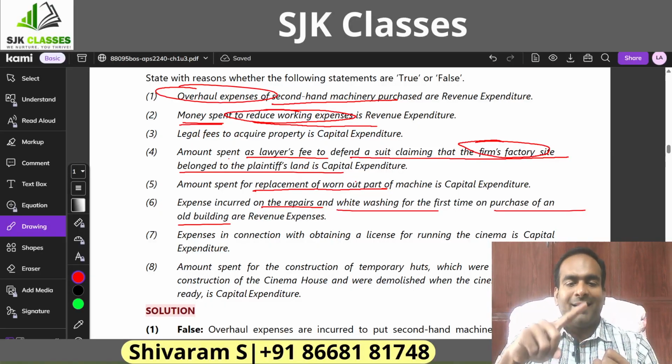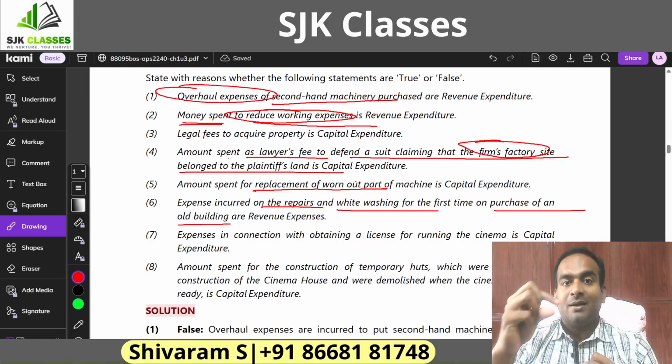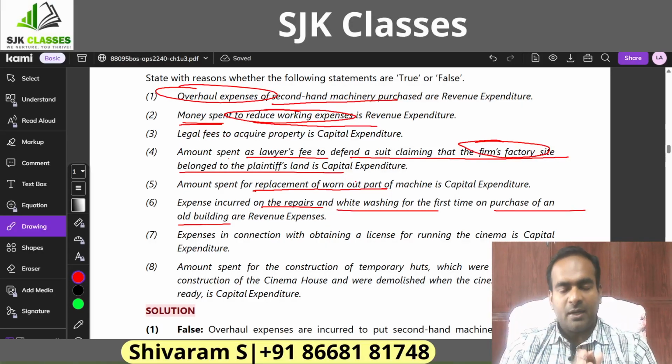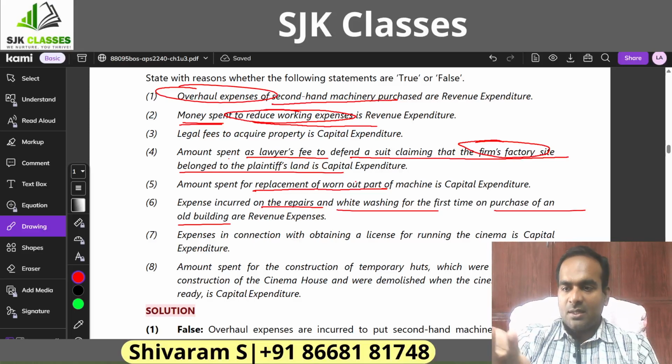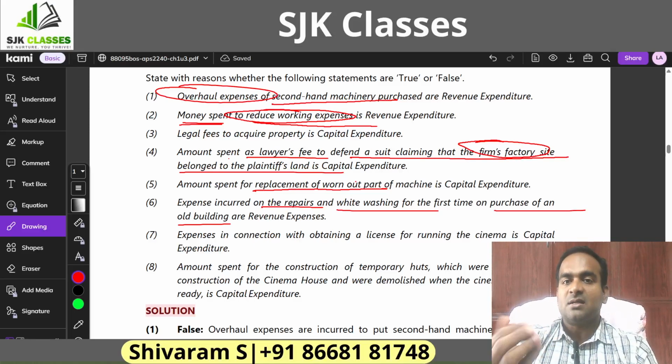Is there any enhanced benefit from these repairs and whitewashing? Whitewashing will help improve the life of the asset. We are coloring and painting the house, and the paint helps protect the building. So some advantages are there with painting, and it enhances the asset's efficiency.